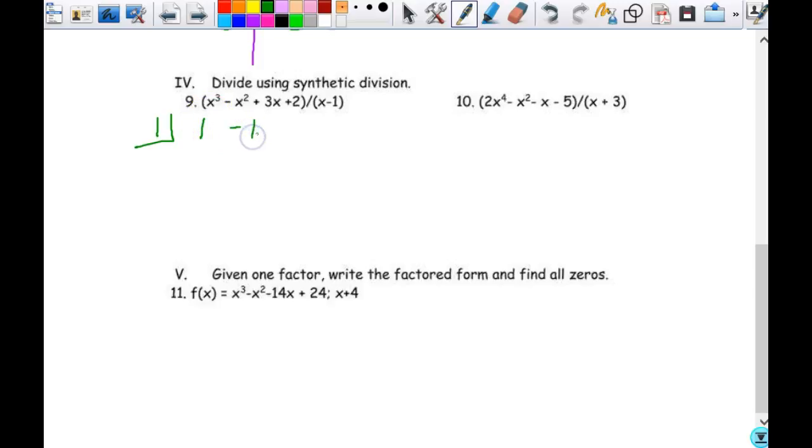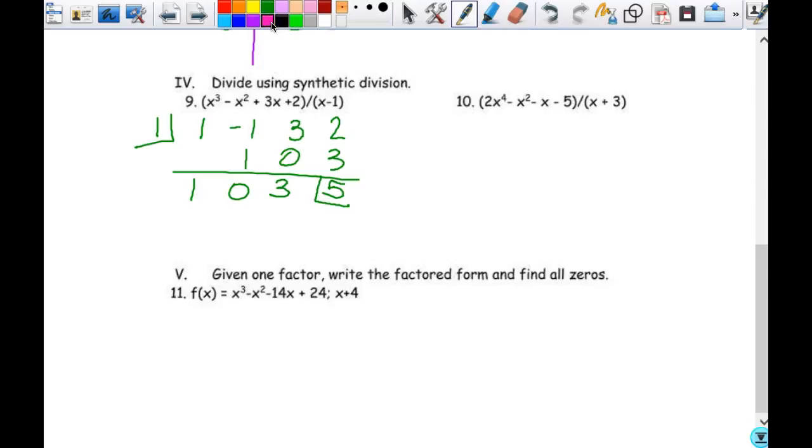1, -1, 3, and 2. And this is where my remainder goes. So 1, 1, 0, 0, 3, 3, and 5, right? So I divide using synthetic division. But I have to give an answer. My answer is a polynomial of some sort.